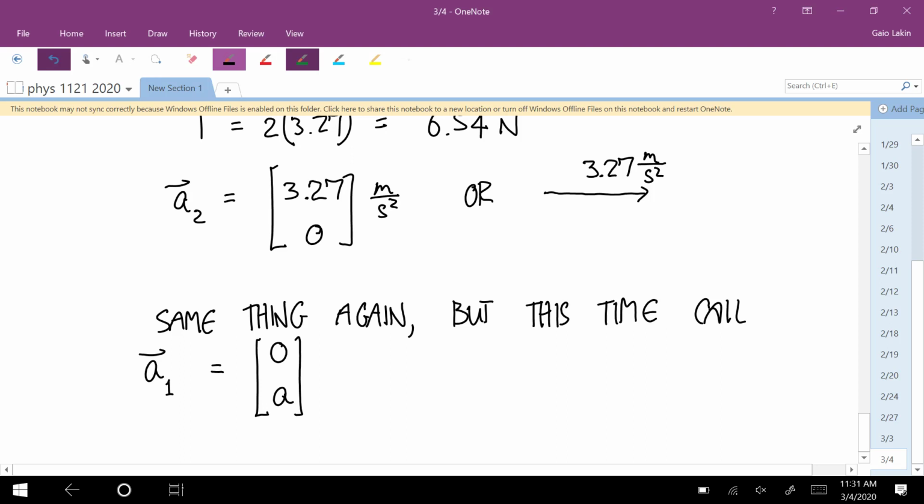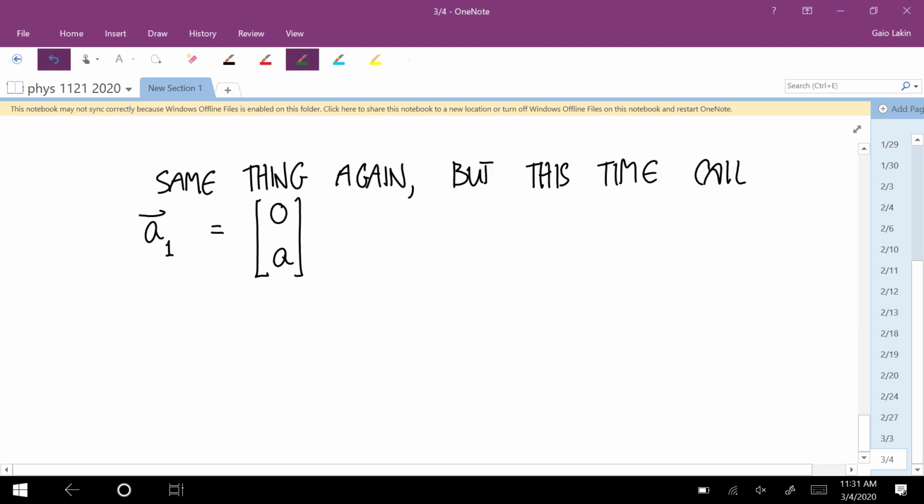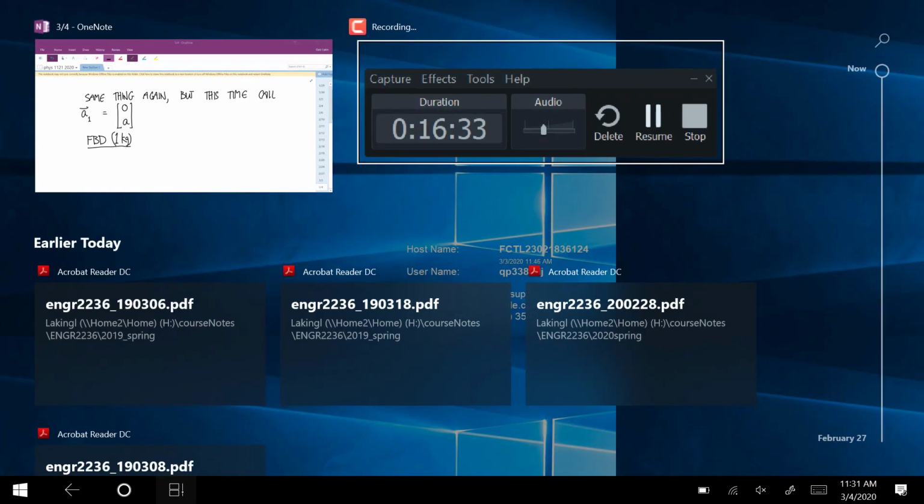Okay, so let's start with, I'll give you a few minutes. Draw a free body diagram of the 1 kilogram, and then write Newton's second law for the 1 kilogram too. And then after you have a few minutes to think about it, I'll go through it.